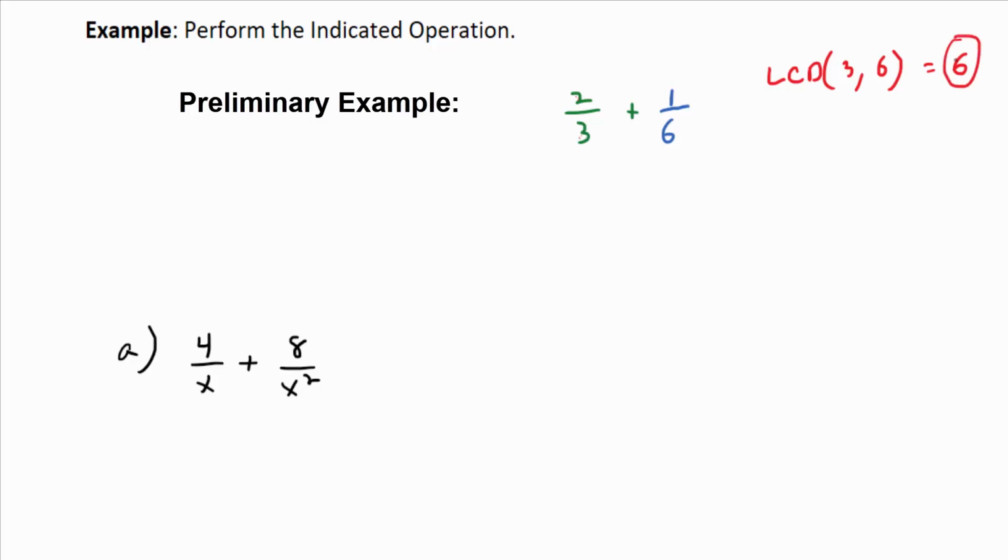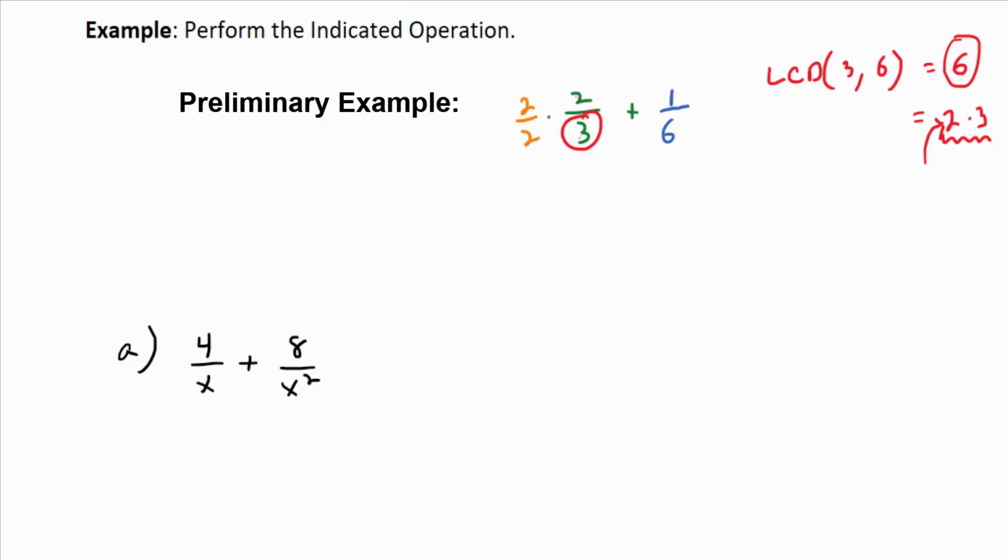Have you ever thought of it that way? 6 is 2 times 3, right? If you factor 6, you get 2 times 3. So which of these two factors is this denominator missing? It's missing the 2. So you're going to multiply numerator and denominator of the 2/3 by 2.